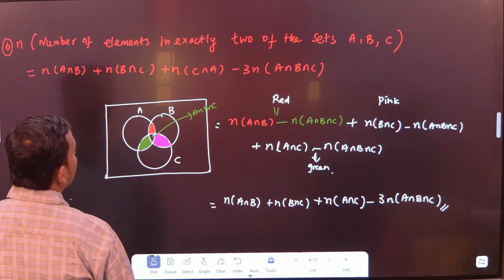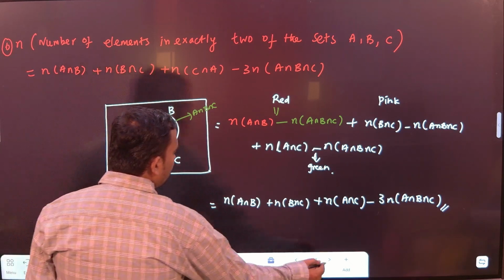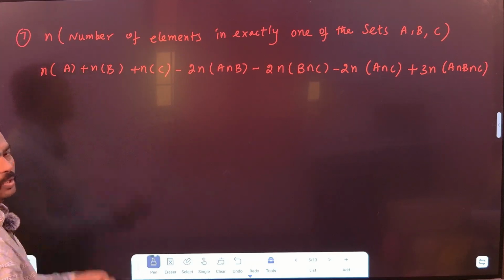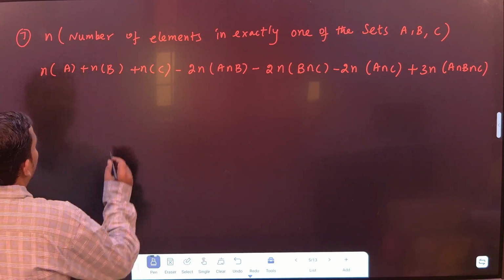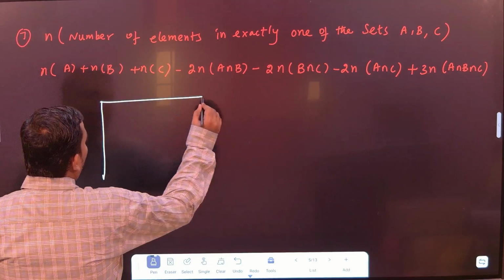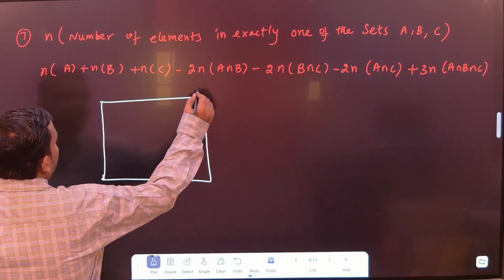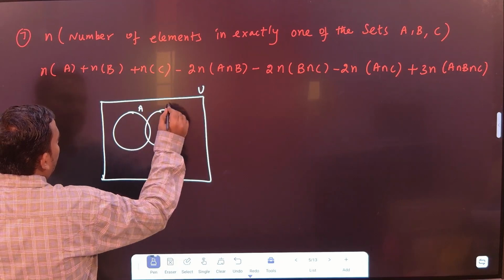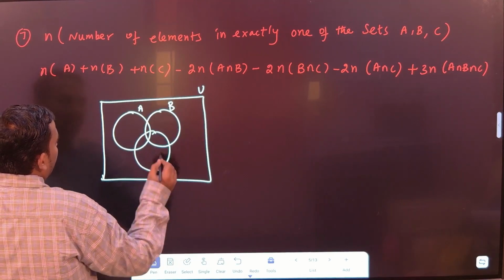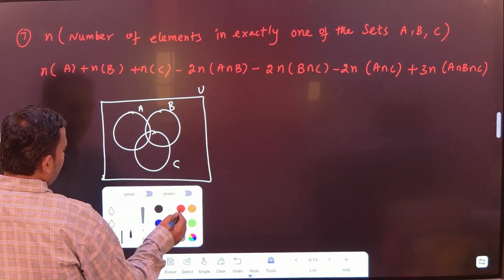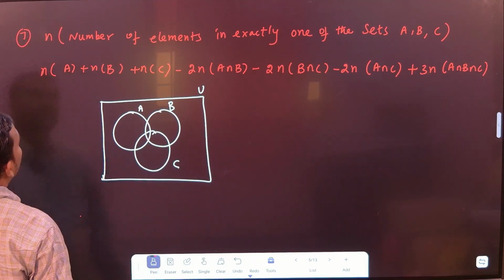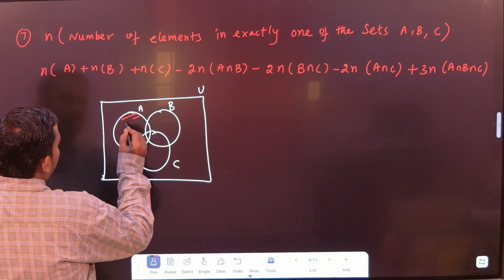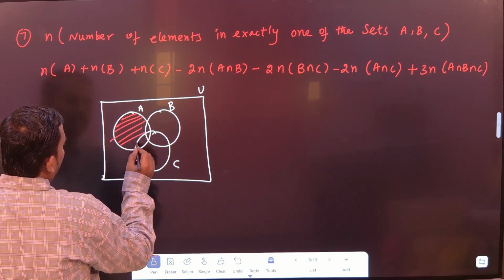So, let's understand another one: the number of elements in exactly one of the sets. First you draw the Venn diagram. This is the universal set. Let's take this as A, this as B, and this as your C. Exactly one set is required, which means you can see the shaded portions only.